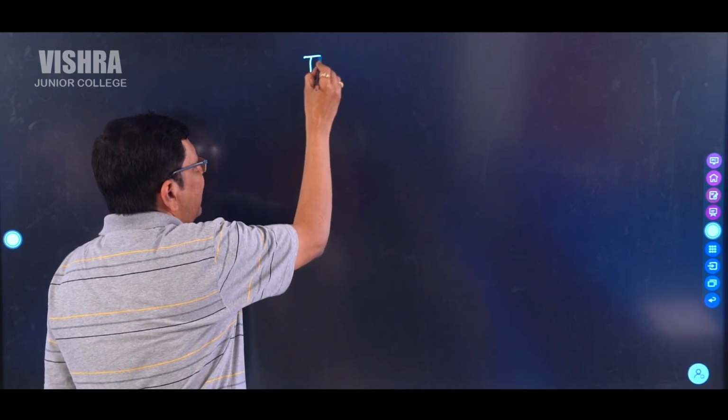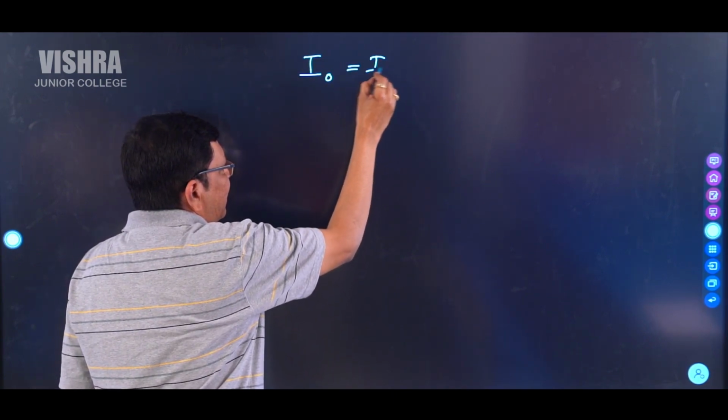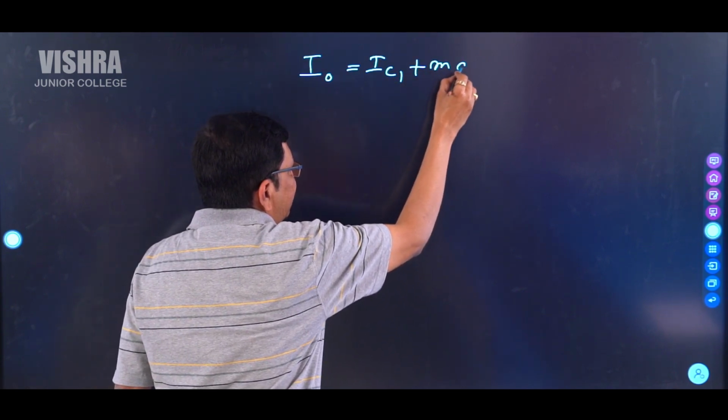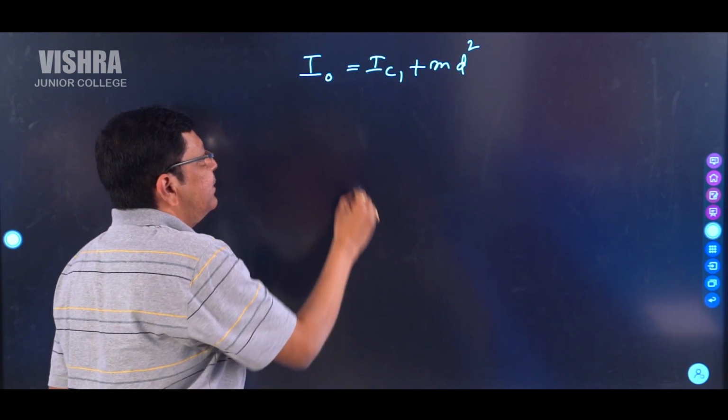So I about axis passing through center O is equal to I about axis passing through center of mass plus mass into perpendicular distance between the two axes, parallel axis theorem.